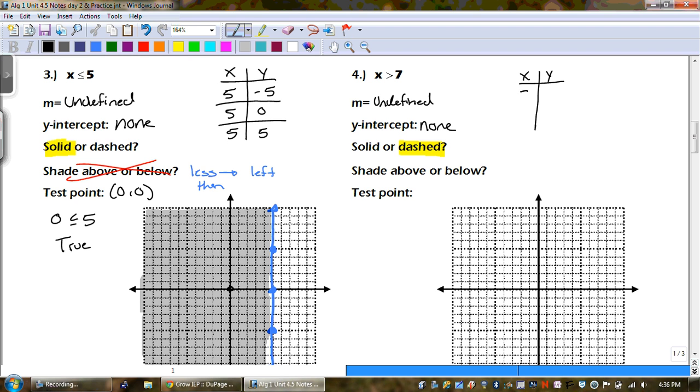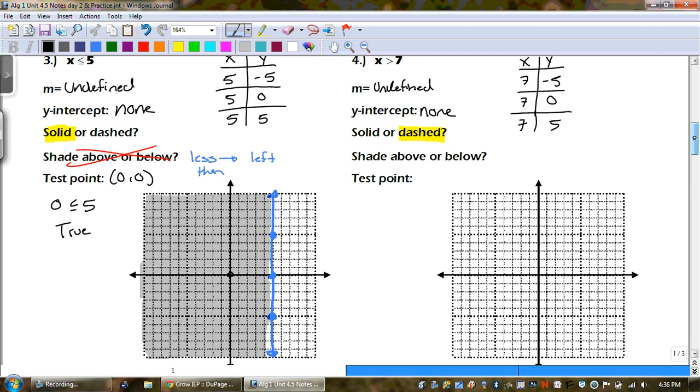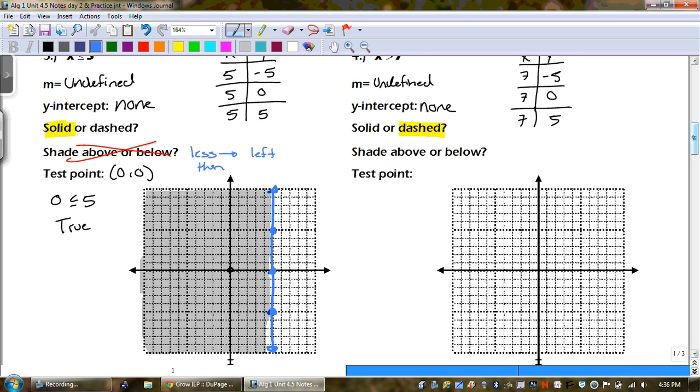So there we go. We're plugging in 7. And I'm going to pick a negative, 0, and a positive. Now, guys, if you know right away that x is 7, and you know how to draw that graph, go ahead and do it. But we're going to have open points.